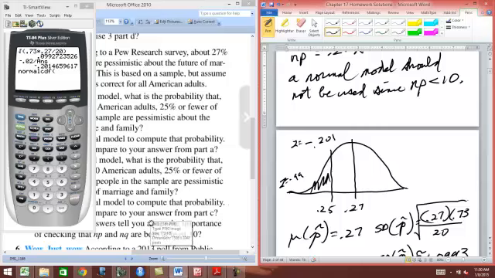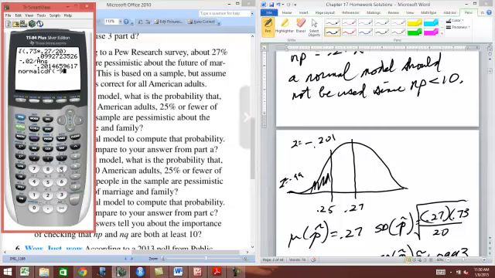We're always going from left to right, so we'll do negative 99, comma, and then we'll use the answer again. Okay, so that probability is 0.42.